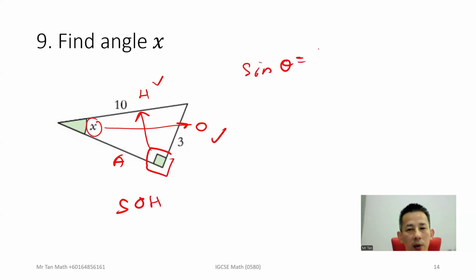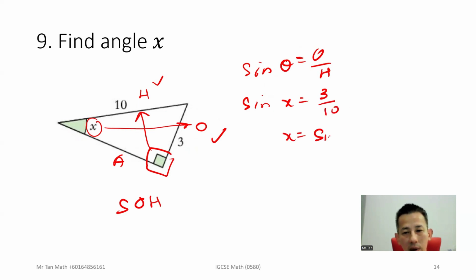So sine theta equal to O over H. Substitute, you have sine X equal to O is 3, H is 10. So your X is shift sine inverse of 3/10. Calculate sine inverse of 3/10. You should get 17.5 degrees.